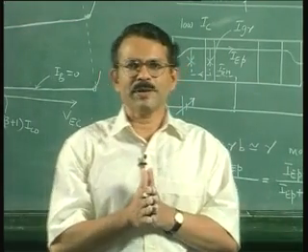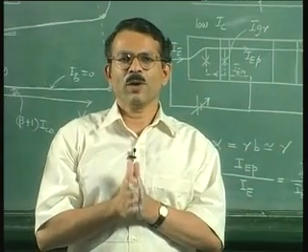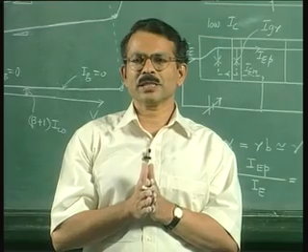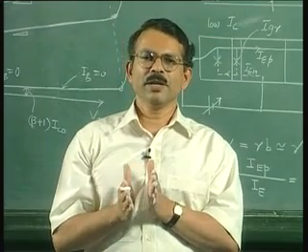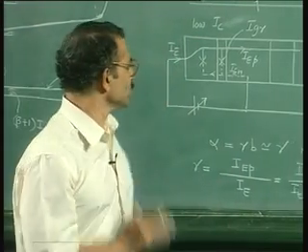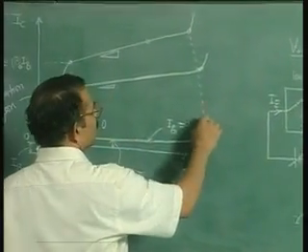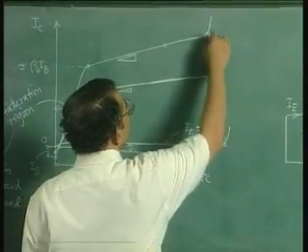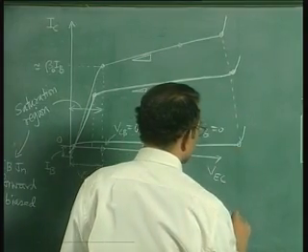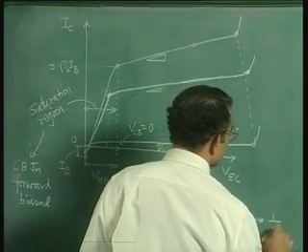Now once we know this variation, we can easily explain why the breakdown voltage is decreasing when your collector current is rising. If you look at the breakdown region, the breakdown occurs when multiplication factor tends to 1 by alpha.